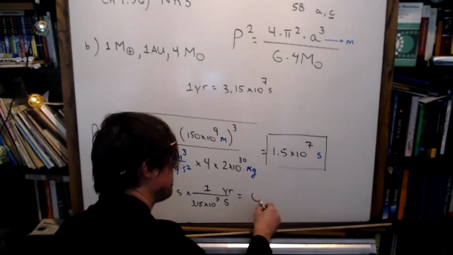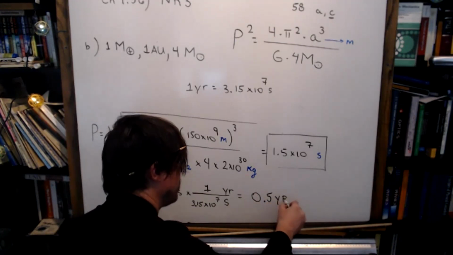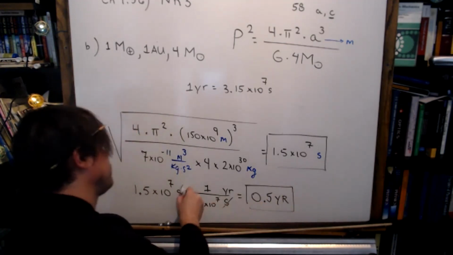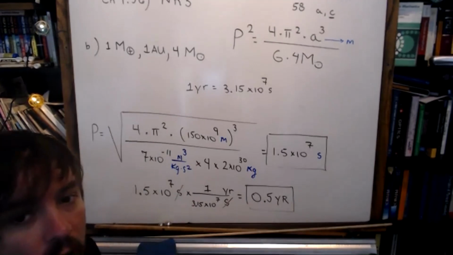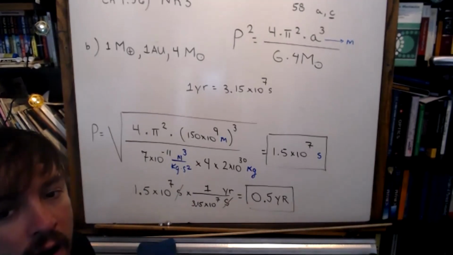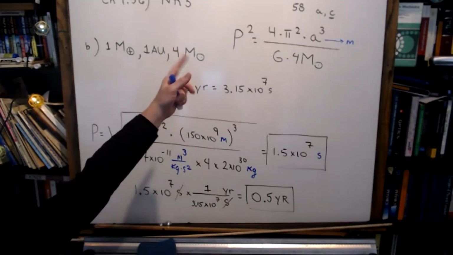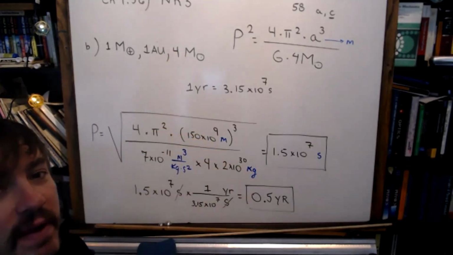Yeah. Oh, okay. 0.5 years, or half a year. So a star with 4 times the mass of the sun would change the period by half.